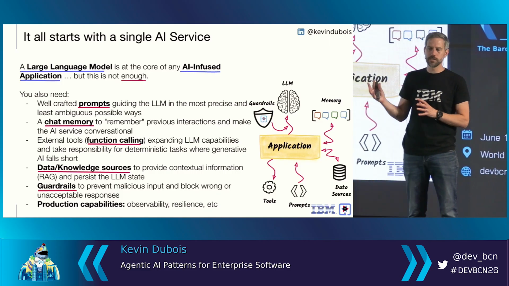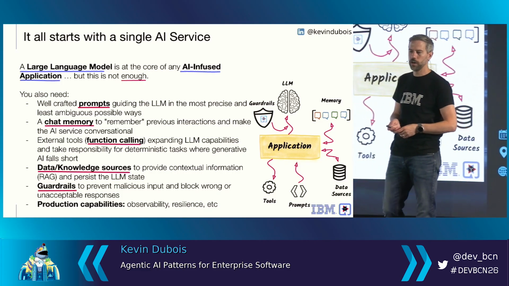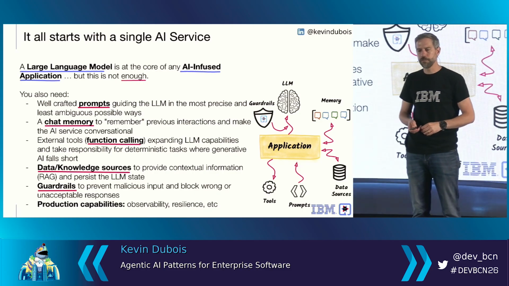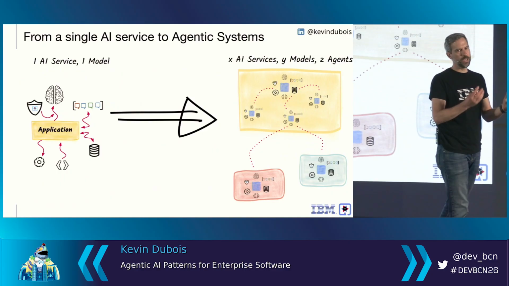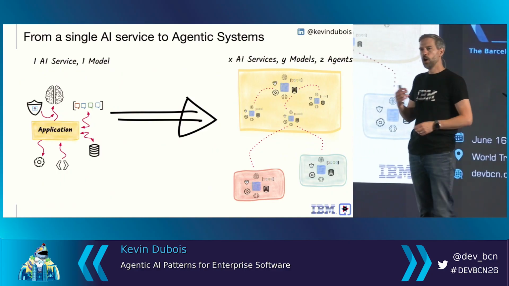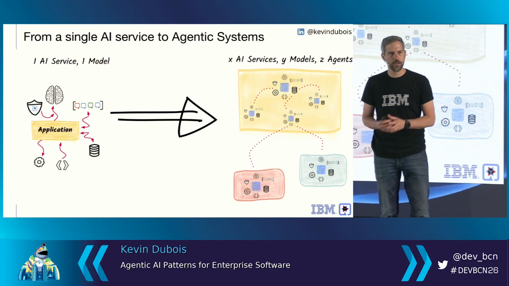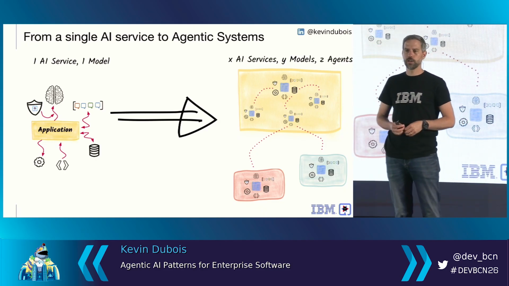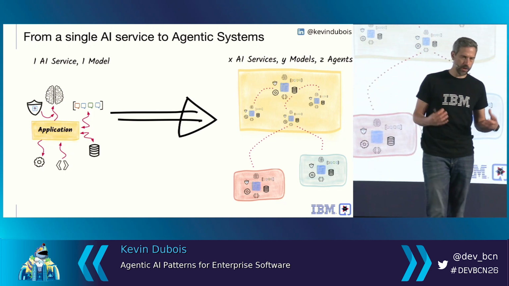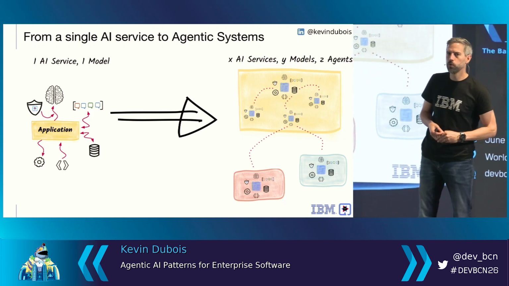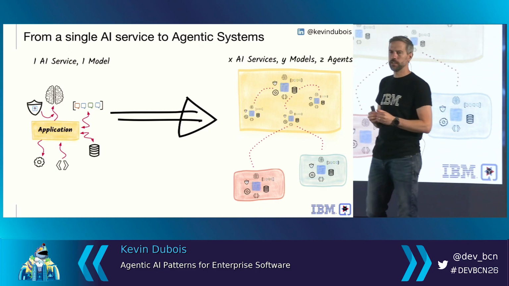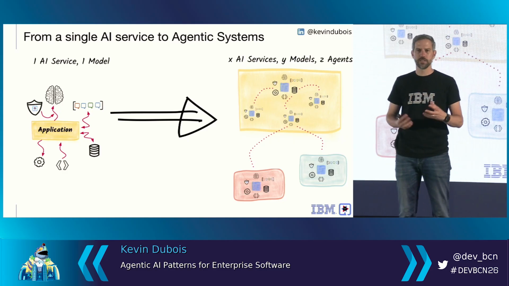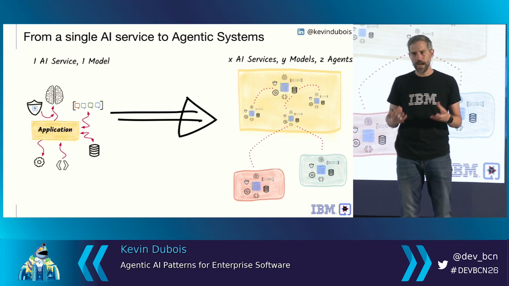But like I said, this is part of the single AI service that we've worked on for quite a few years. Over the last year and a half, we've moved beyond that, because we realized that one AI service is great, and you can throw a bunch of tools at it and give it a lot of context. But if you really want to create real enterprise applications, you're going to run into the problem that at some point you give these LLMs too much context and too many tools, and the LLM starts getting really confused about what it should do.